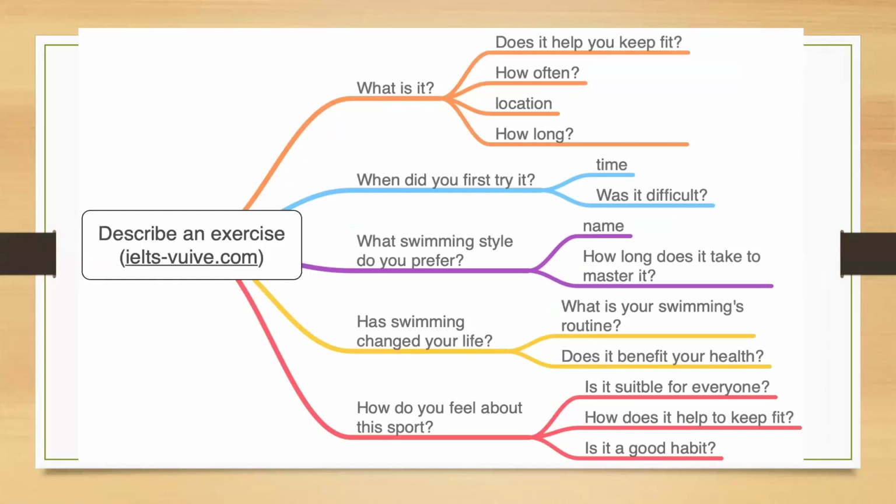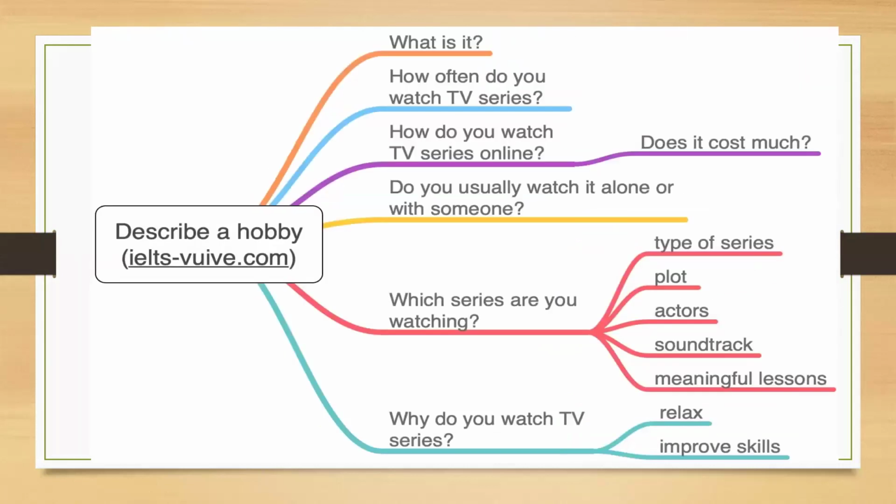What swimming style do you prefer? So here, the person has introduced swimming as the exercise preferred. Has swimming changed your life? And then you develop each of them into those subtopics. By the time you finish talking about it, you have spoken at least 2 minutes.